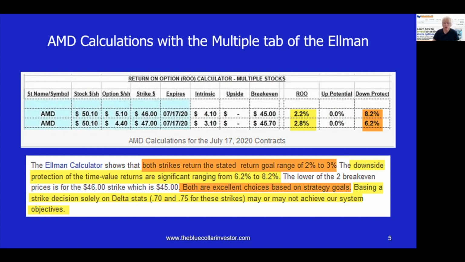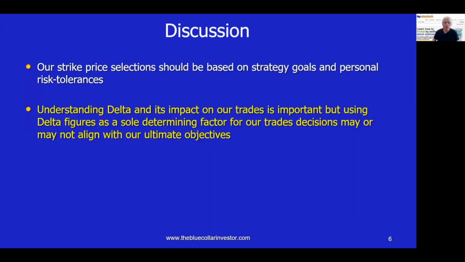So the deltas will usually be lower than 0.5. It could be 40, it could be 30, it could be 20. But if you're looking for a defensive posture, all of those are not appropriate, right? So it depends on the moneyness of the strike, the initial time value return goals, and how much downside protection you're looking for. That will lead us to a strike that does have a specific delta, but our decision is not made based solely on delta.